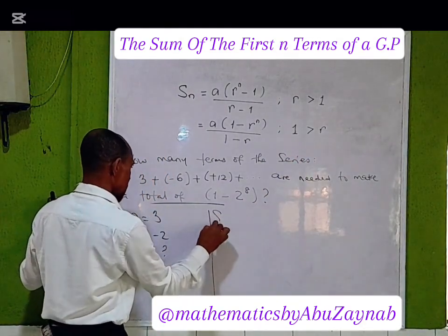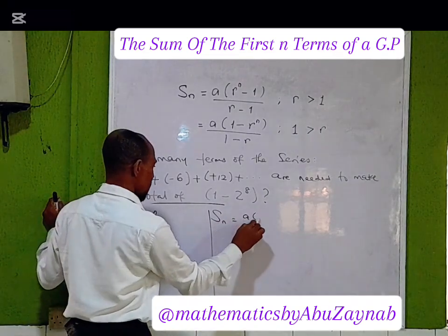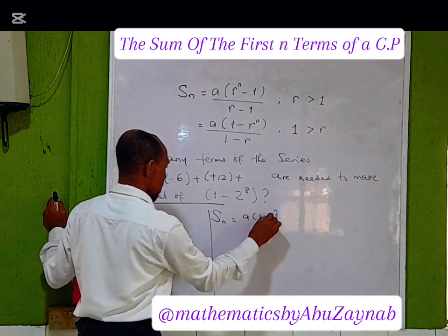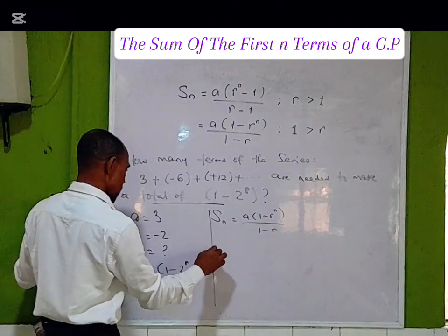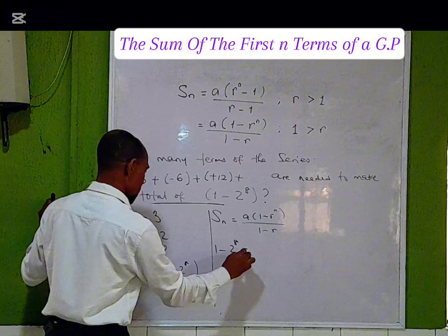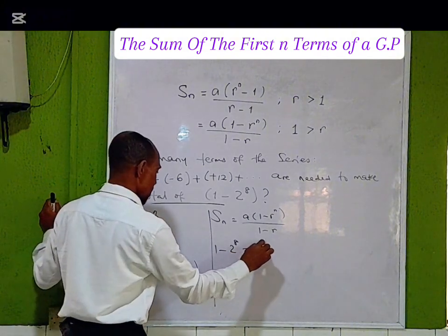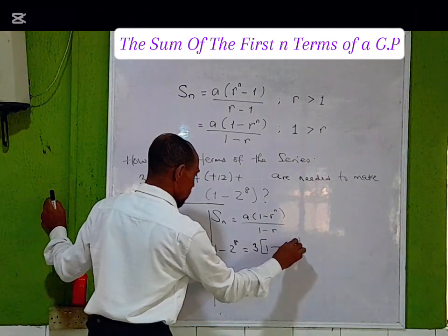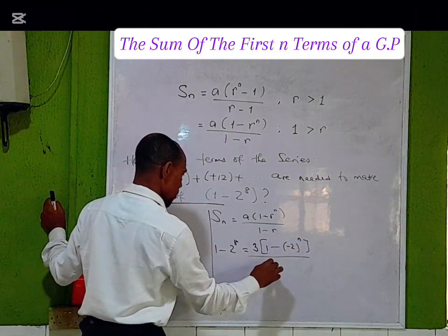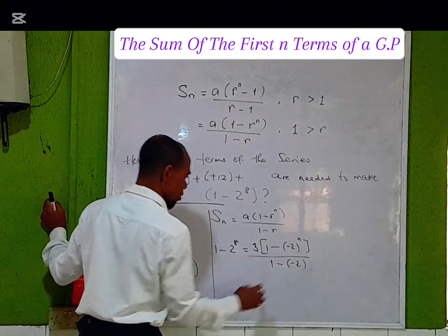So we say Sn equals A bracket 1 minus r power n over 1 minus r. Substituting directly, Sn is 1 minus 2 power 8, A is 3, then we have 1 minus the common ratio minus 2 power n, which we don't know, over 1 minus the common ratio minus 2.